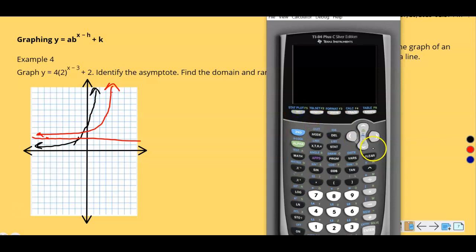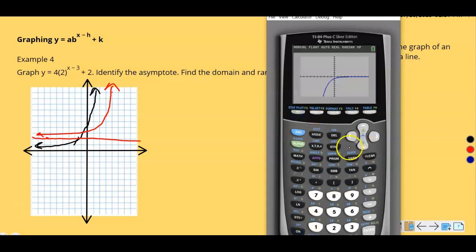So say y equals, all right, 4 times 2 to the x power. That's going to be my blue line. That's my parent function. I'm also going to graph 4 times 2 raised to the x minus 3.